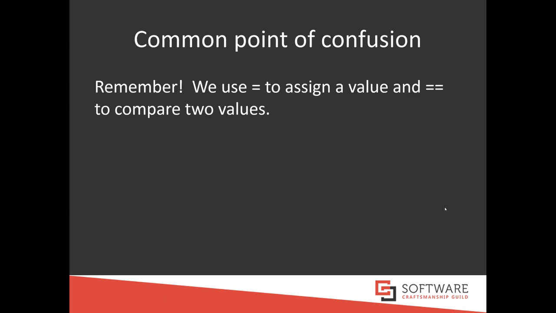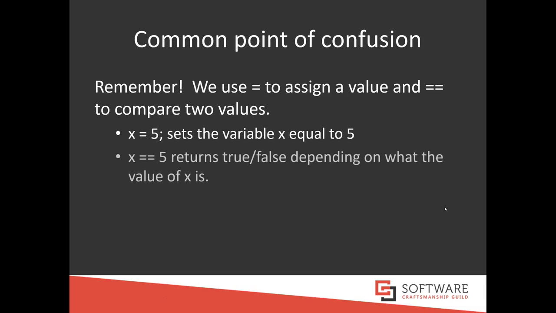When we start to get into if statements and expressions, the number one mistake new people make is swapping equal and double equal. x = 5 sets the variable x equal to 5. x == 5 returns true or false depending on what the value of x is. If x is 5, it'll be true. If it's anything else, it'll be false.